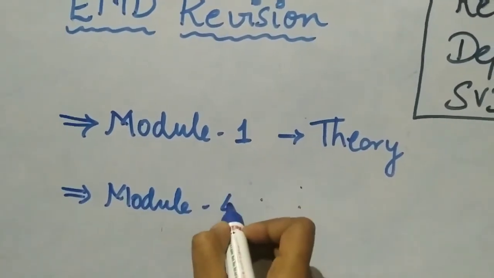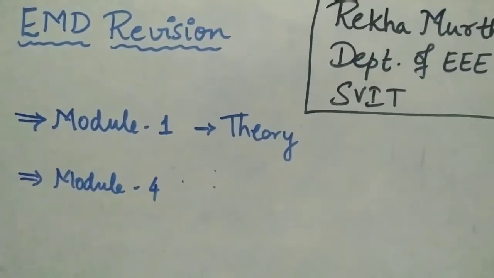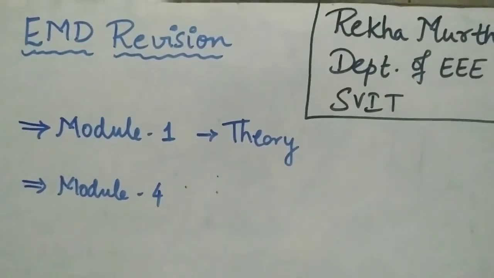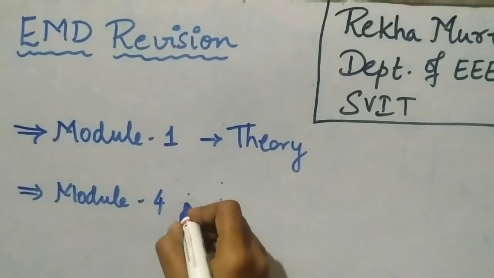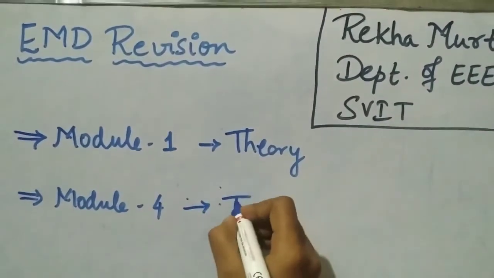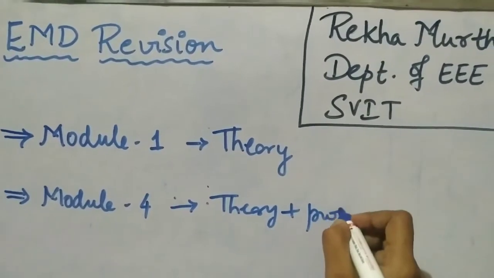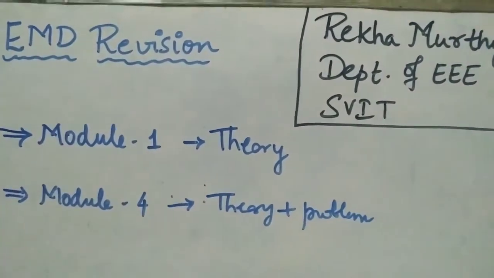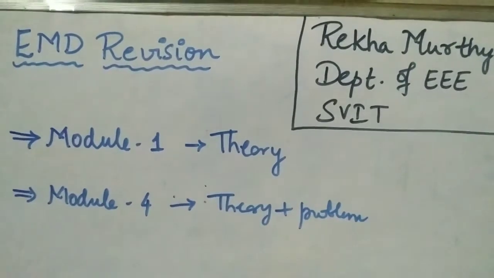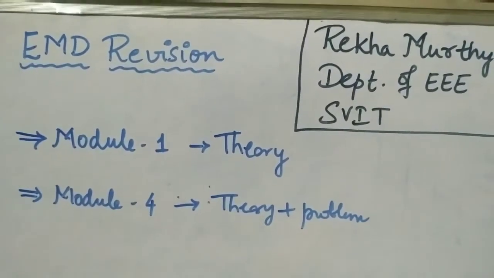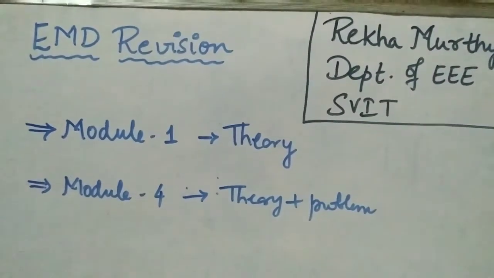Module 4 is related to the design of 3-phase induction motors. In this module we'll have the theory plus a problem definitely given. Some part A will be the theory and B will be the problem.